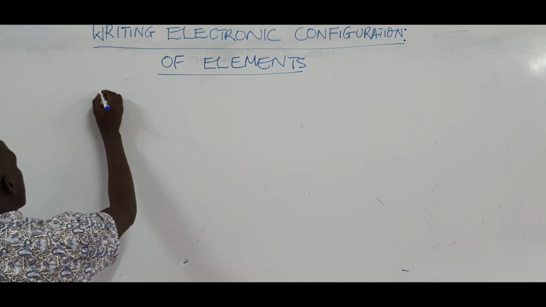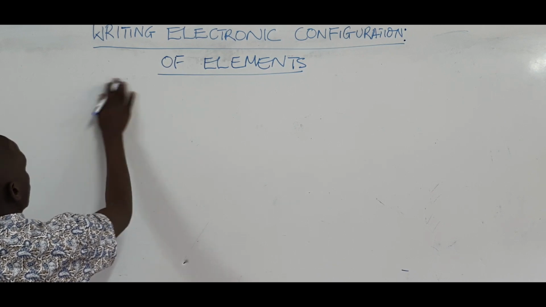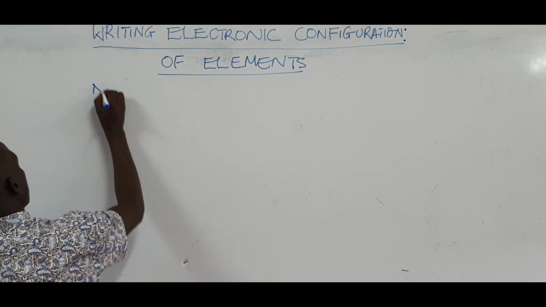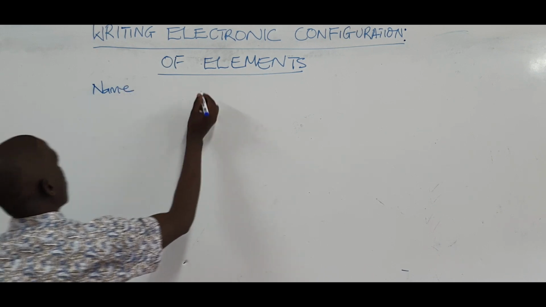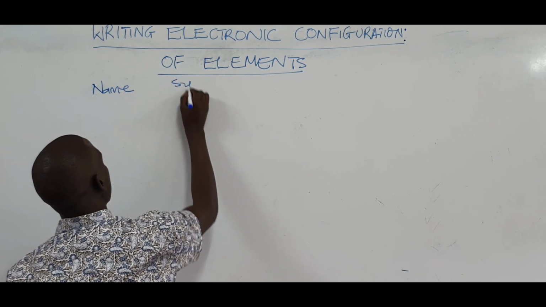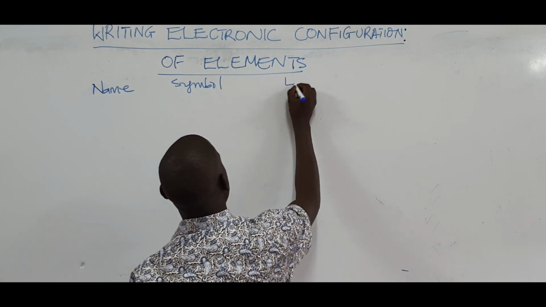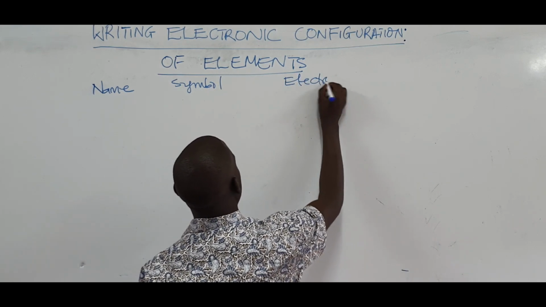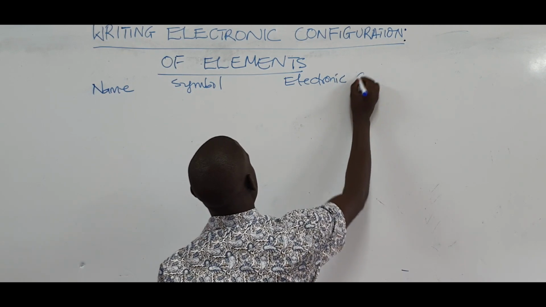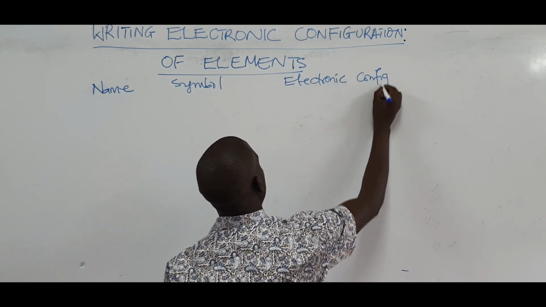We have the element, then we have the name, the symbol, then I have the electronic configuration.